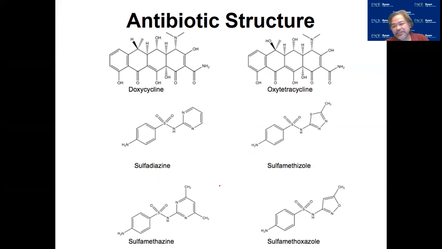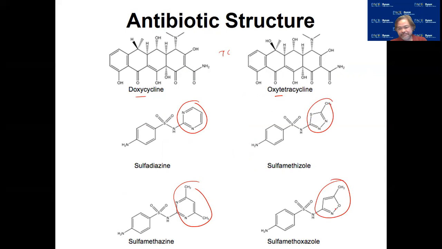So the materials that we use, we have two tetracyclines, doxycycline and oxytetracycline, and then four sulfa drugs. Okay, we use these because these are the most commonly used antibiotics. The difference among the four sulfa drugs is that two of them, if you look at them, have a 6-carbon ring compared to the other two that have a 5-membered ring, not carbon, because not all of them are carbon.